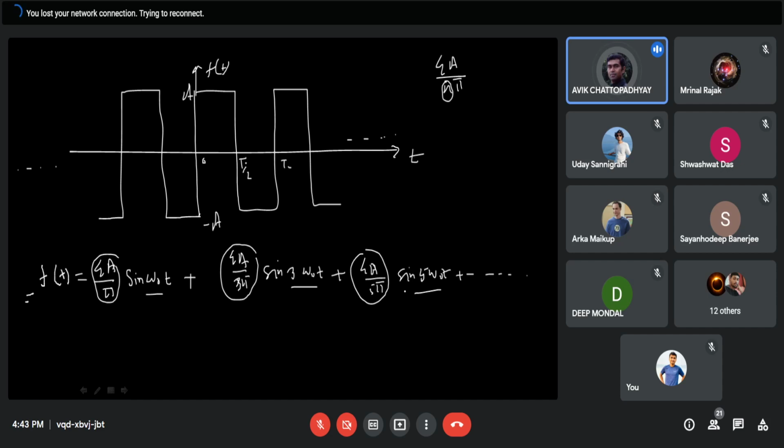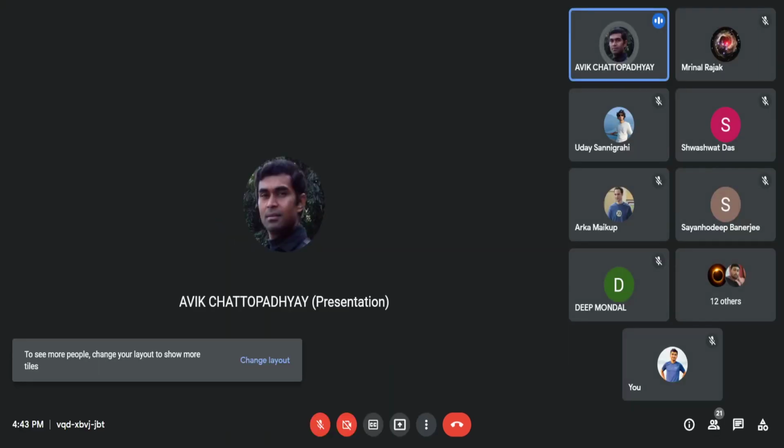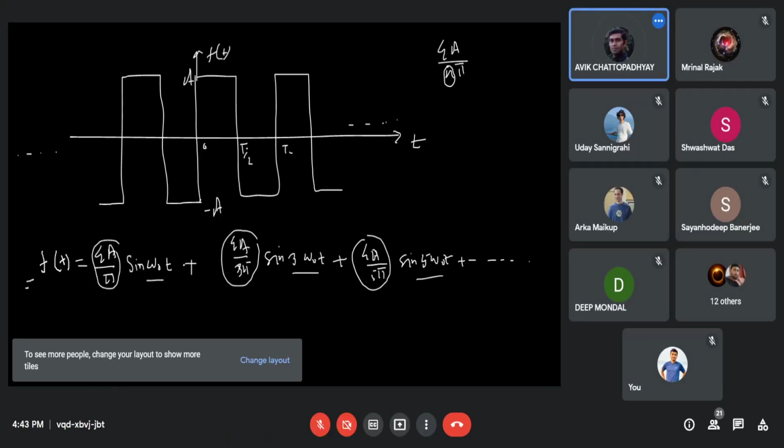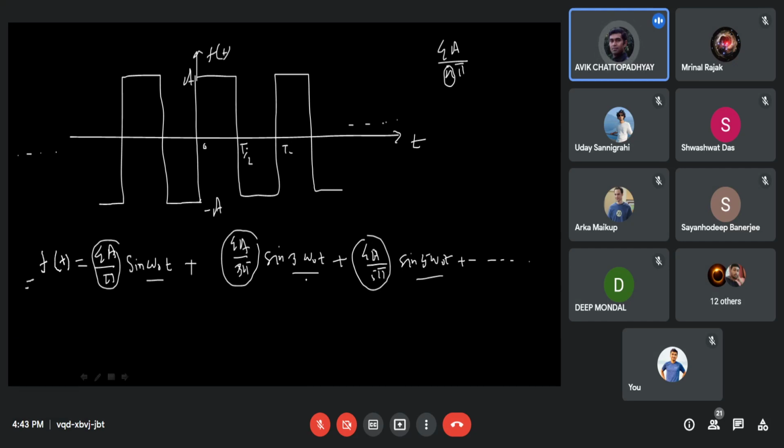So the amplitudes are decreasing as you are increasing the order of the harmonics. That means for the higher order harmonics the amplitudes are less; as you move towards higher order harmonics, your amplitudes are going lower and lower, diminishing.